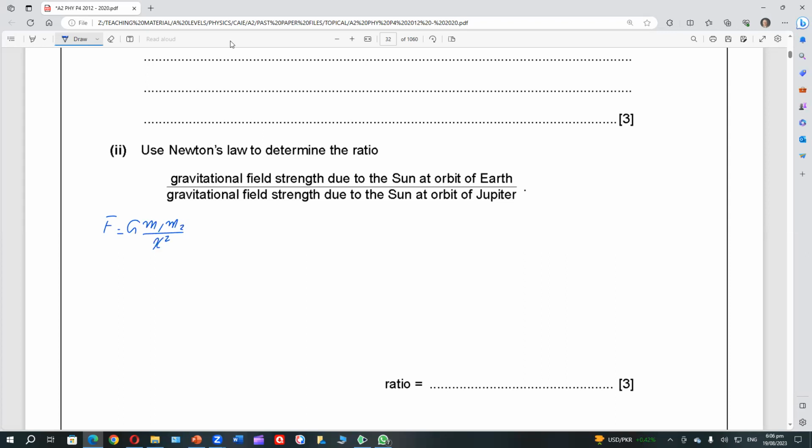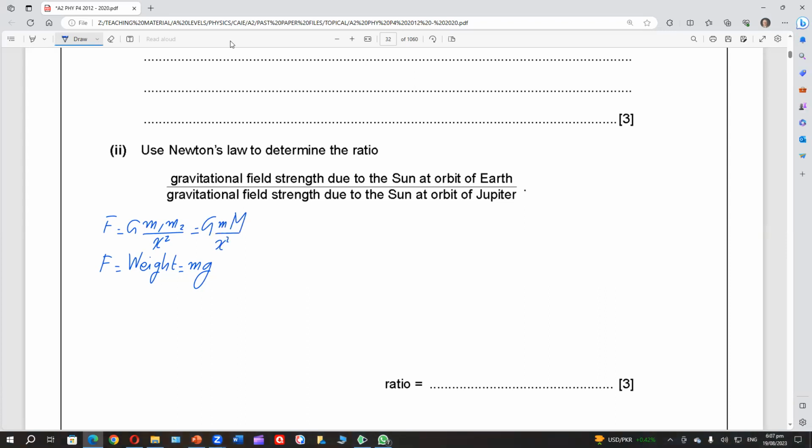This is the formula. And here, when you are talking about Earth and Jupiter, the gravitational force will become the weight, will become mg. And here we can write, this is a type of derivation. Now look at this.